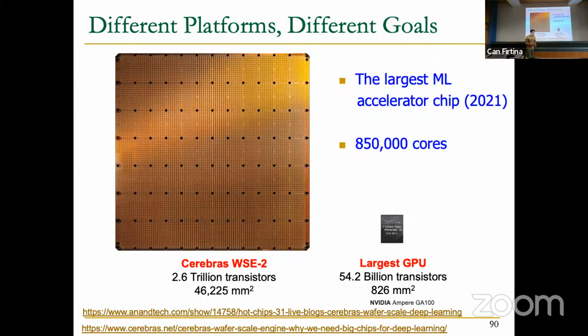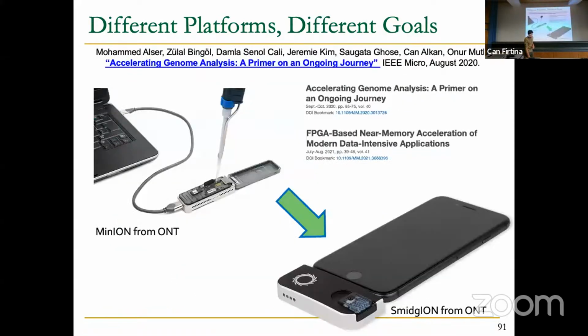NVIDIA has a system that is called DGX, if I recall correctly. It has 8 of these A100. They are connected with high-speed links, and probably they perform also pretty fast at training or accelerating the same workloads as these Cerebras or similar ones.